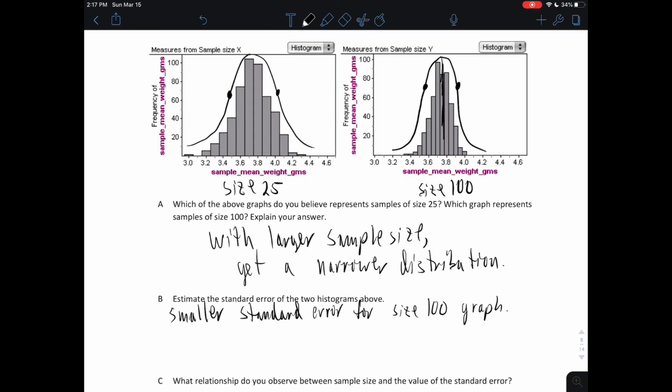So you can use ideas of center and trying to estimate how far to that inflection point. With what we see on the size 100 graph, maybe that could be something like 0.15 maybe. And then for the size 25 graph, that would be a little bit more, and maybe that might be 0.25.